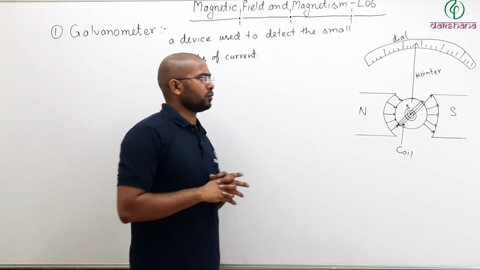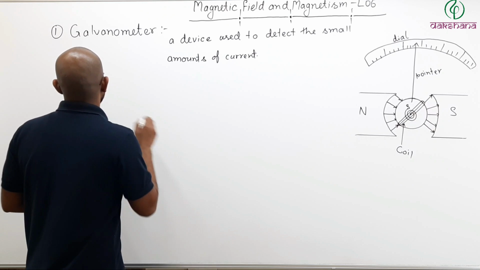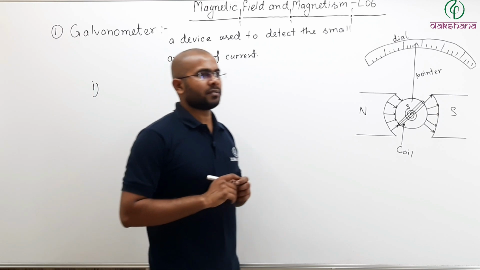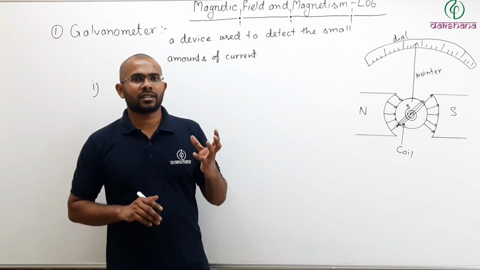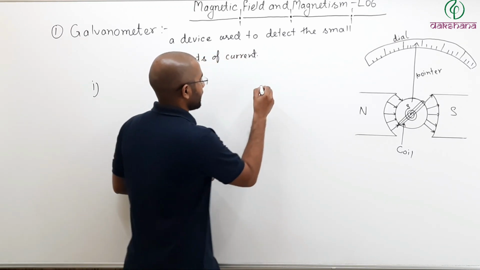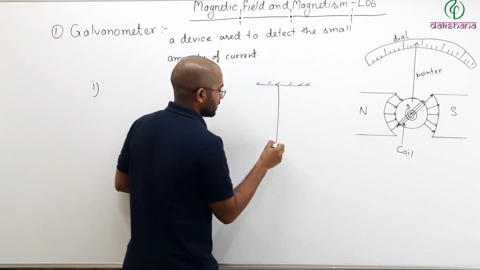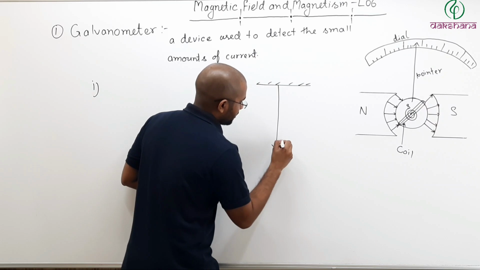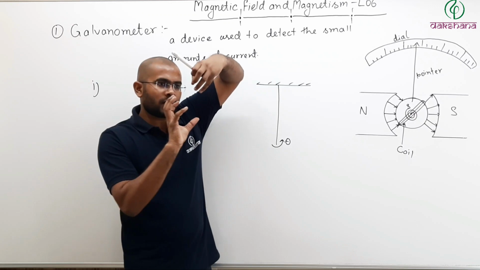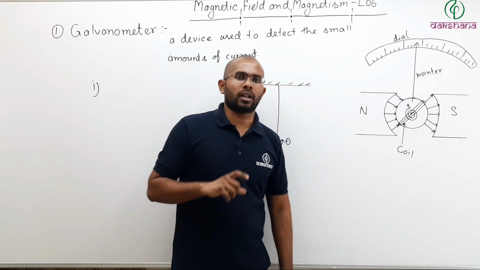Before we jump into the actual working of the galvanometer, let us get some basics. First point: you must have seen, when we talk about the properties of matter, that if I have a wire and I twist this wire by an angle theta, then because of the twisting, that wire applies a restoring torque.